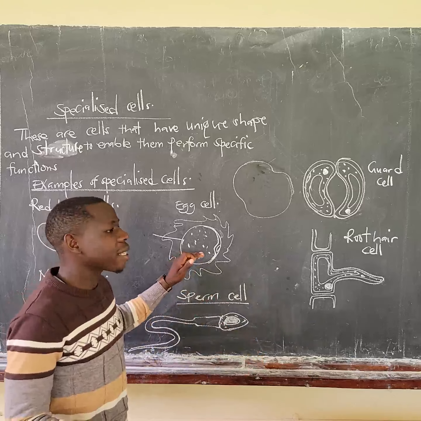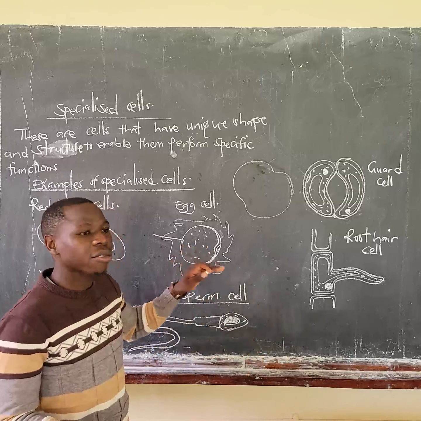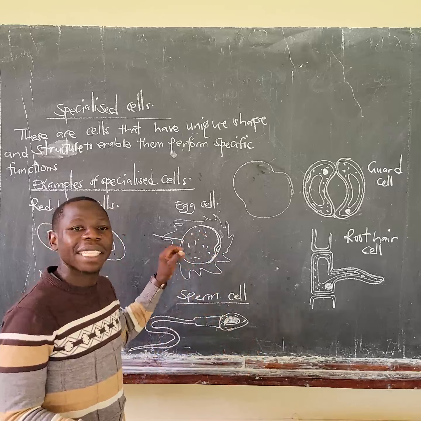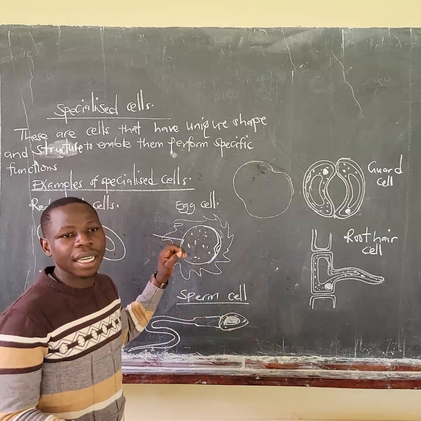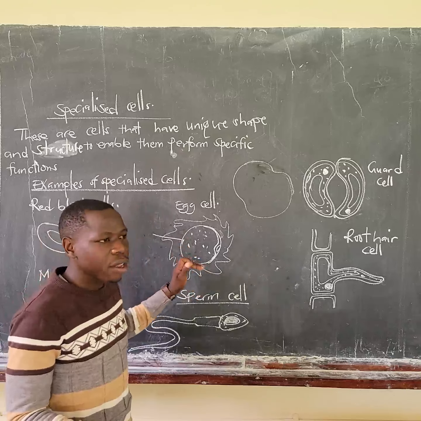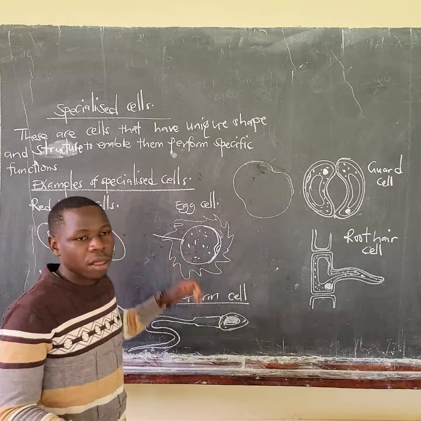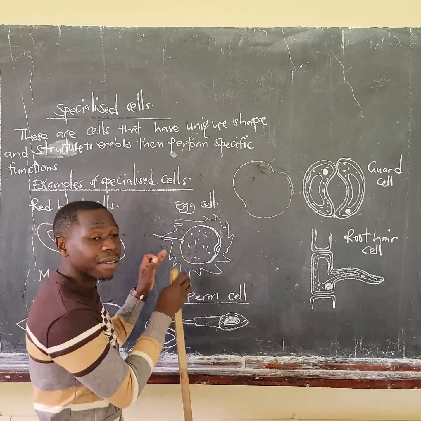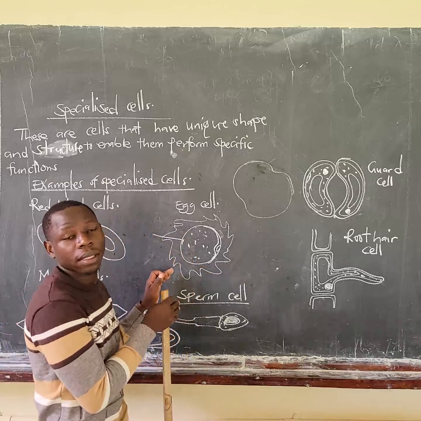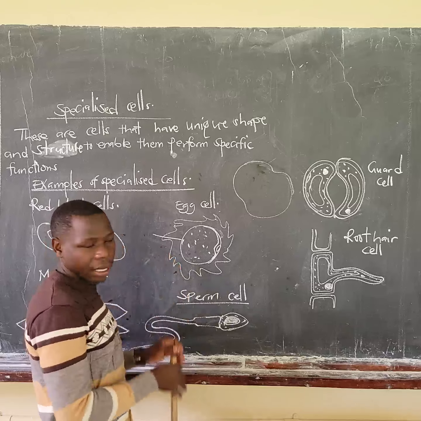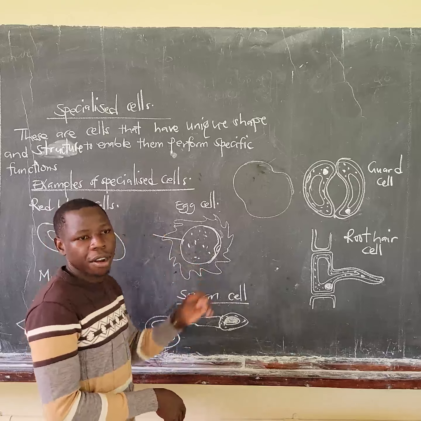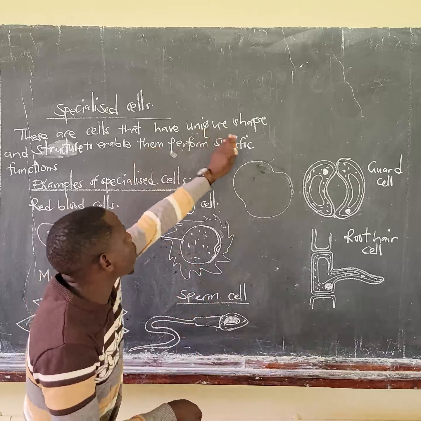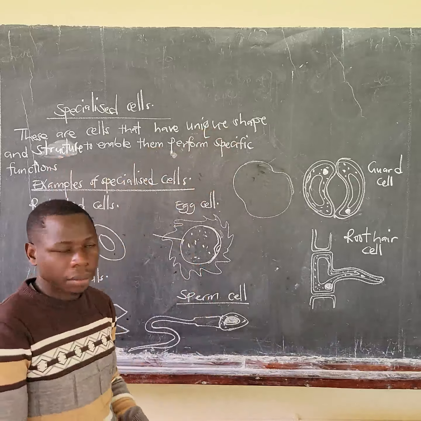The reason it has food stores is that this cell has to support the embryo at fertilization. Immediately after fertilization, the embryo will have to feed on the food that is stored within this cell. Therefore, it must have enough glucose stores or food stores within it. That is its modification or its unique shape and structure.